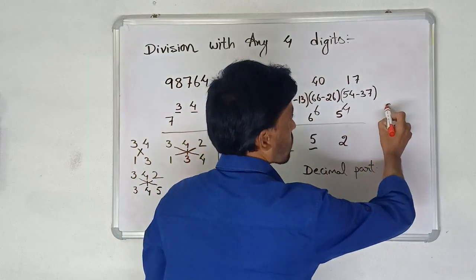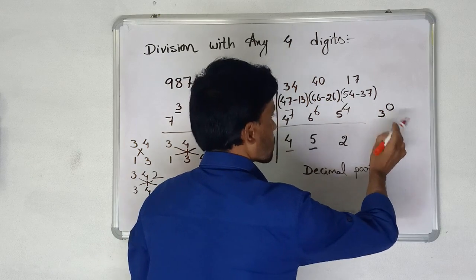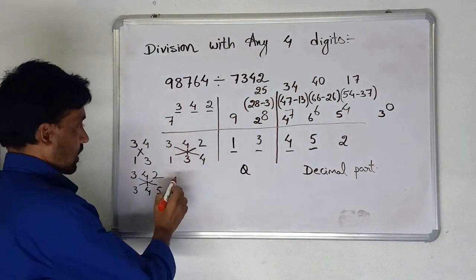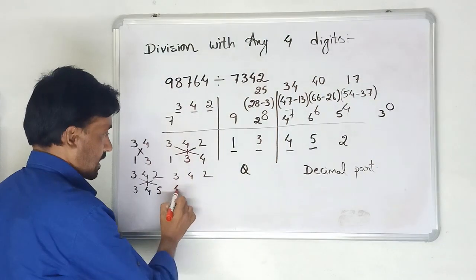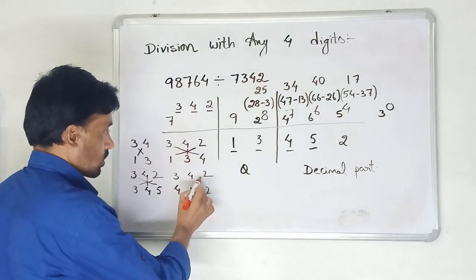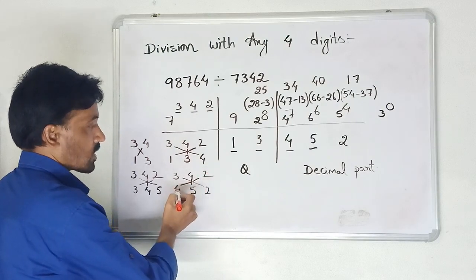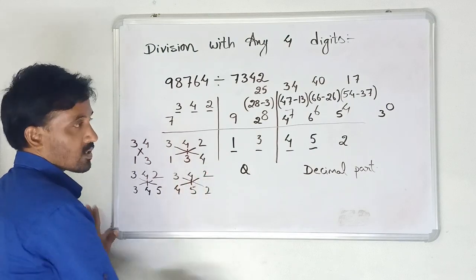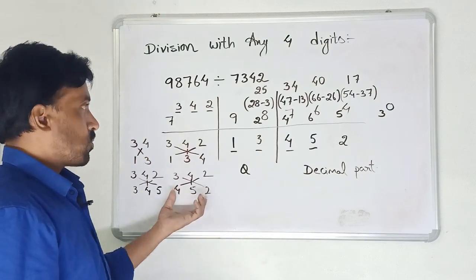Now we take 0 and 7 to make 14, and the remainder is 3. Now again 3 4 2, and we take it as 4 5 2. Do the same thing: 4 times 5 is 20, 2 times 4 is 8, giving 28, and 3 times 2 is 6. So the approximate value is more than 30.